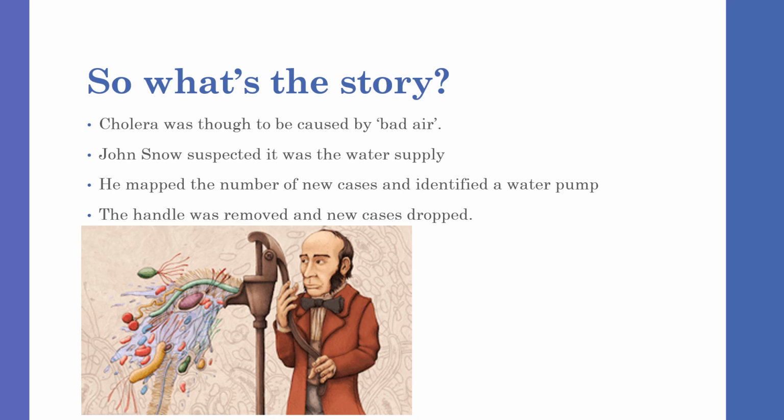He mapped the cases in the homes where they were, tried to find the water pump, or water pumps later on, and removed the handle, which means you cannot actually pump water from that well. And ta-da, the cases dropped. Yes, those homes would have to go a bit further to fetch their water, but at least they would not get contaminated water.